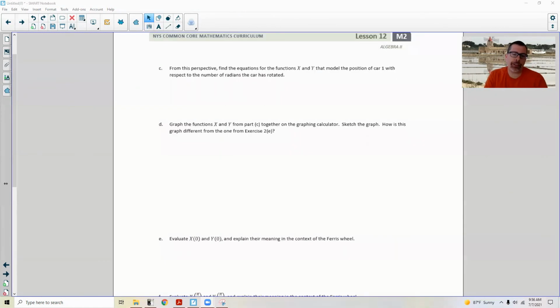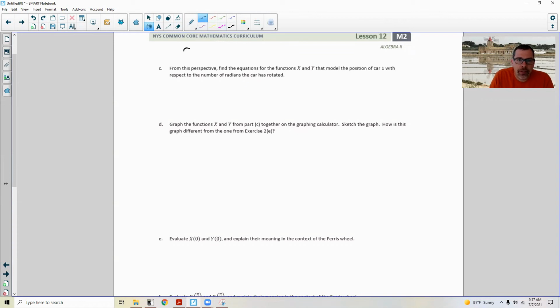All right, page 7, part C. From this perspective, find the equations for the functions x and y that model the position of car 1 with respect to the number of radians the car has rotated. So before I get into that, remember the equation.